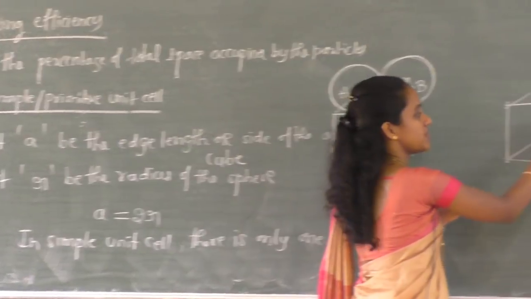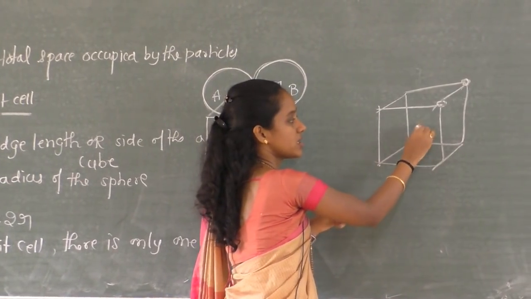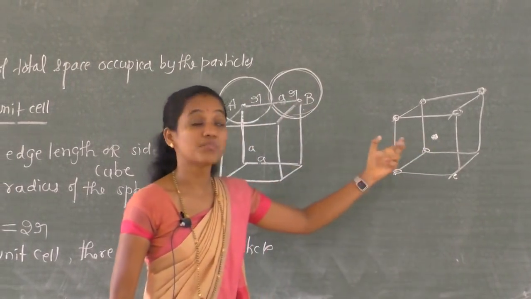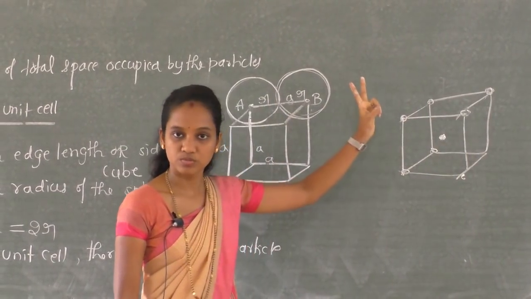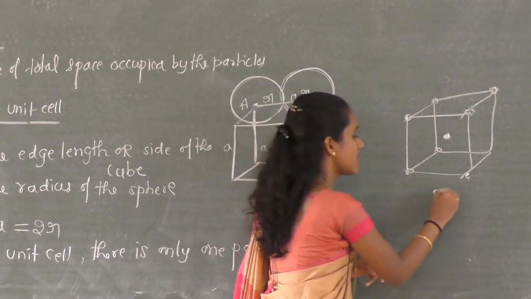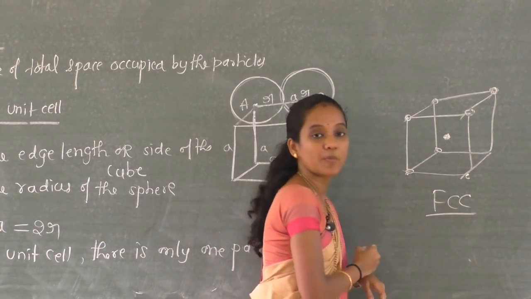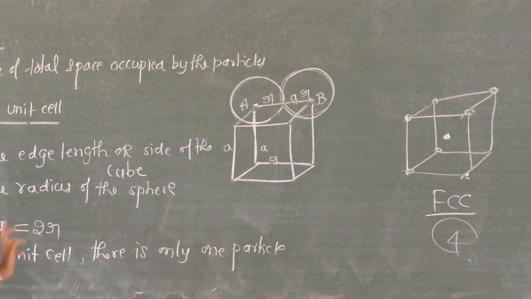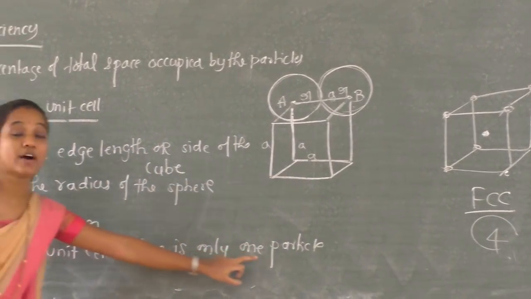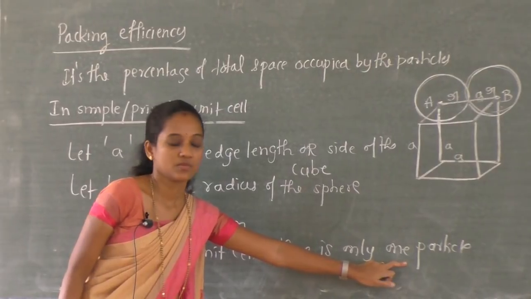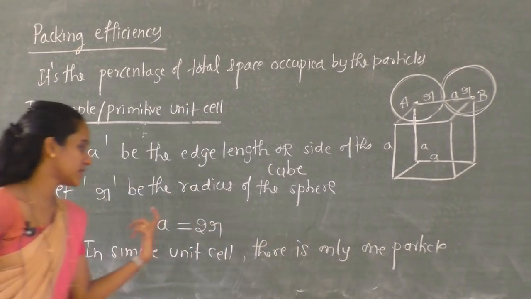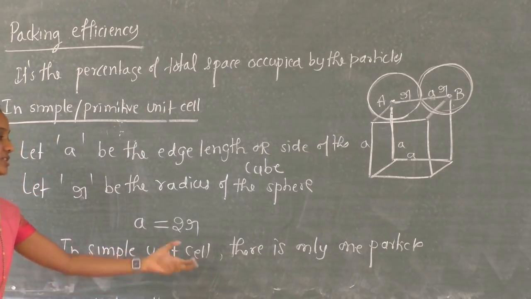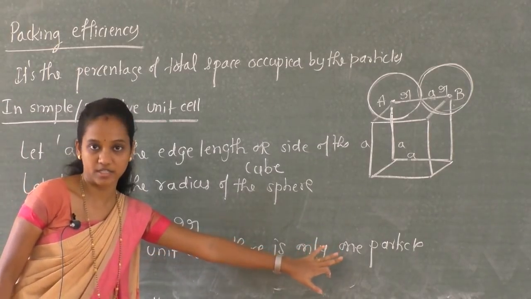If you consider this is a BCC unit cell, at the center of the body also there is a constituent particle along with the corner particles, where the number of particles per unit cell is 2. Whereas in FCC, the total number of particles per unit cell is 4. So in simple unit cell, there is only one particle. While writing the derivation, you need to write this sentence. It is very important. In simple unit cell, there is only one particle.